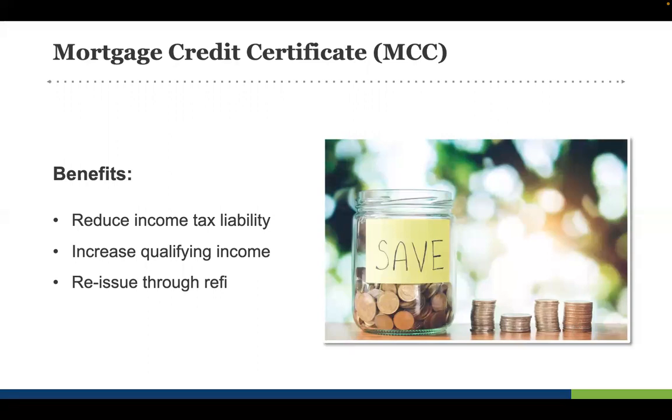That means you get increased qualifying income for having the mortgage credit certificate, and you still get all that tax benefit every year you file your taxes. And then some mortgage credit certificate providers will reissue to the buyer that same mortgage credit certificate through a refinance in certain circumstances, allowing them to retain the tax benefit of that MCC.